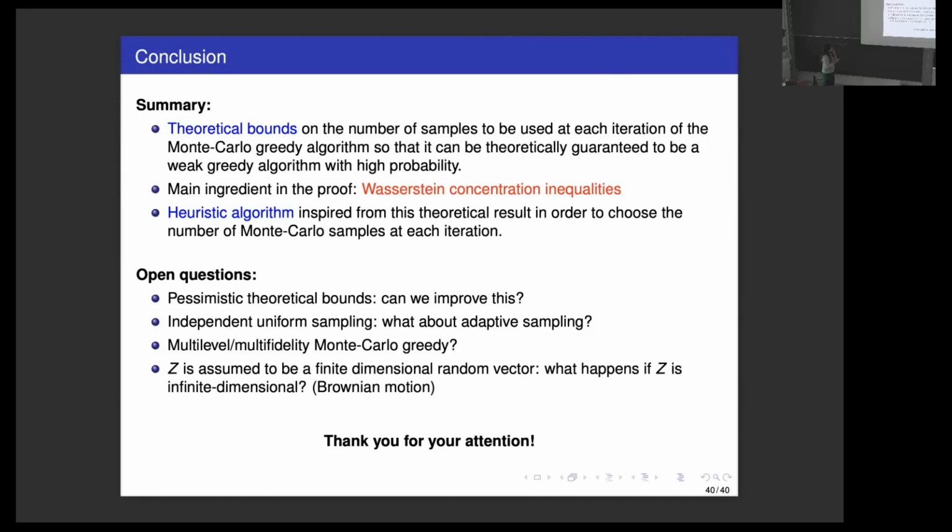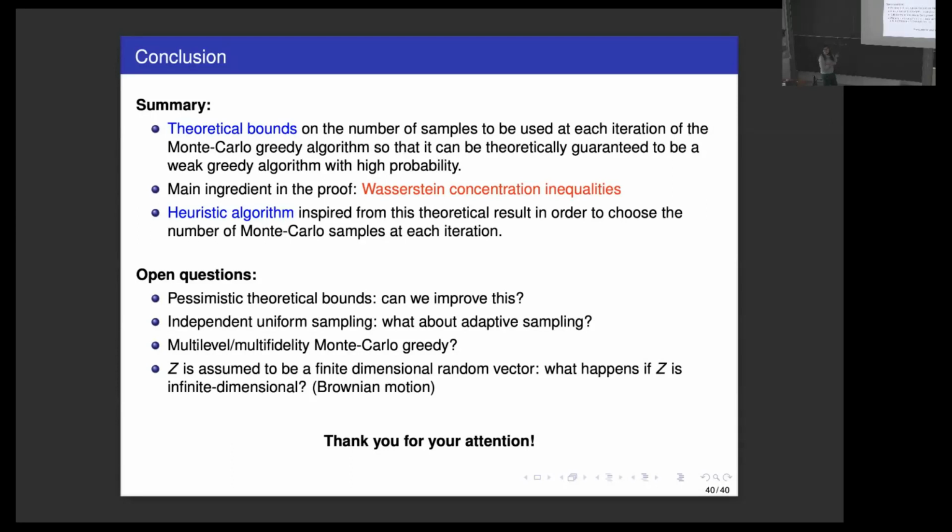So just to summarize what I presented, we proved some theoretical bounds on the number of Monte-Carlo samples that has to be used in greedy algorithms so as to ensure, at least theoretically, that the obtained Monte-Carlo greedy algorithm remains a weak greedy algorithm with high probability. And we developed some heuristic algorithm to adapt this number of samples in a more efficient way, but with no theoretical guarantee. And there are lots of open questions that remain there.